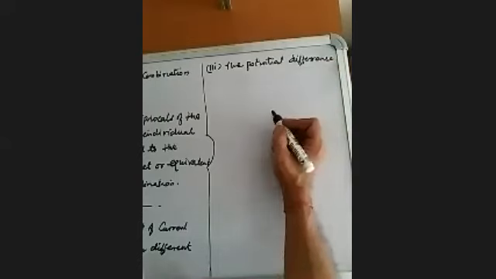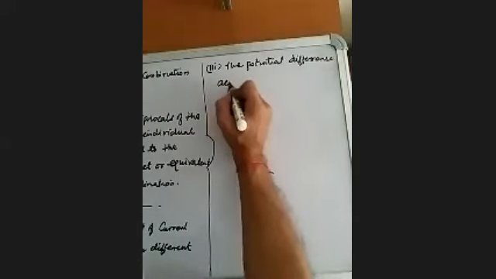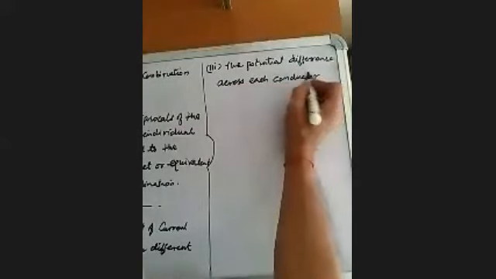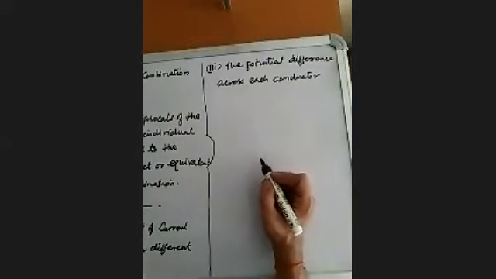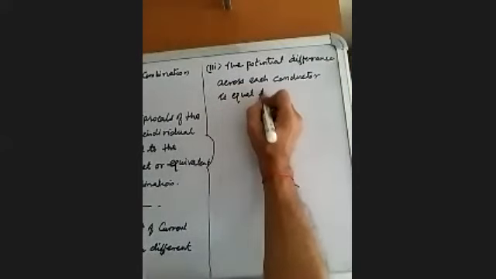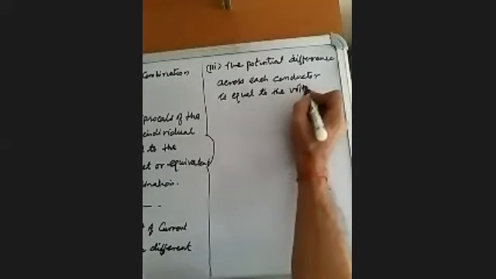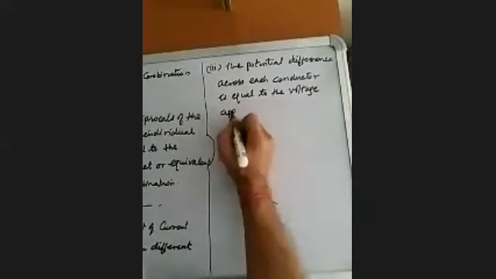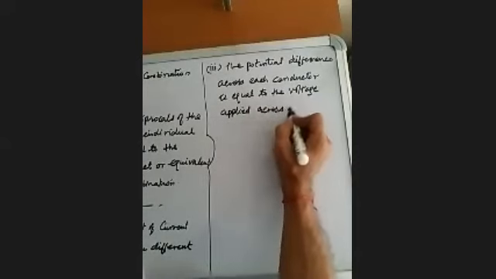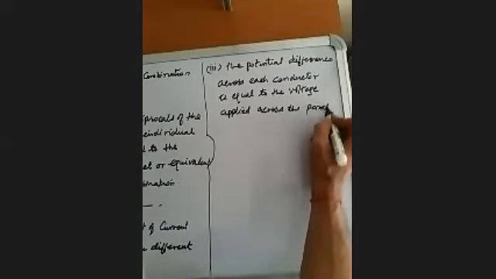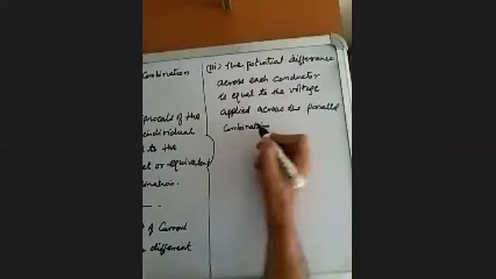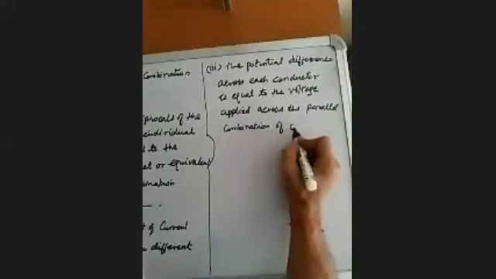The potential difference across each conductor is equal to the voltage applied across the parallel combination of conductors.